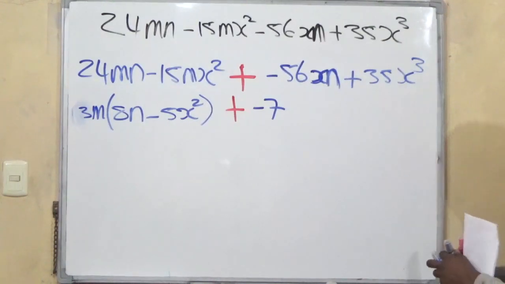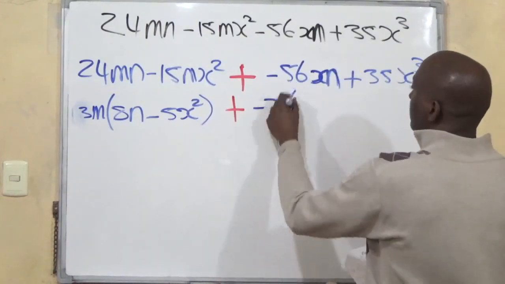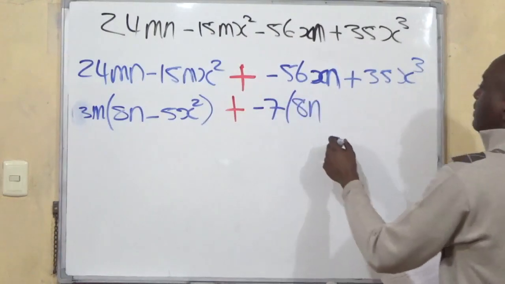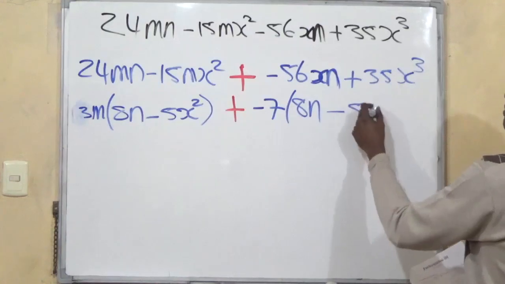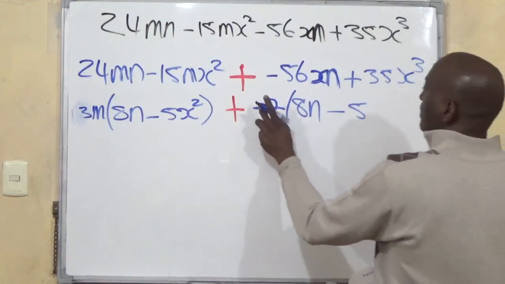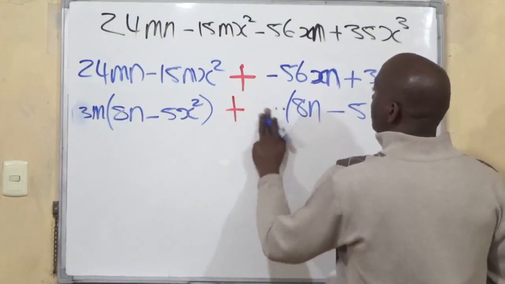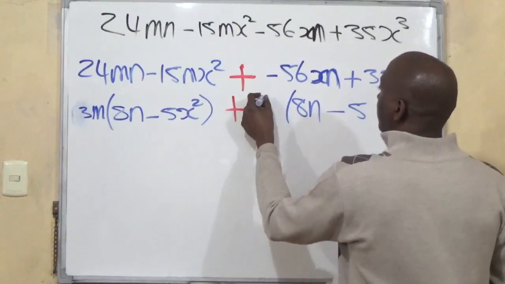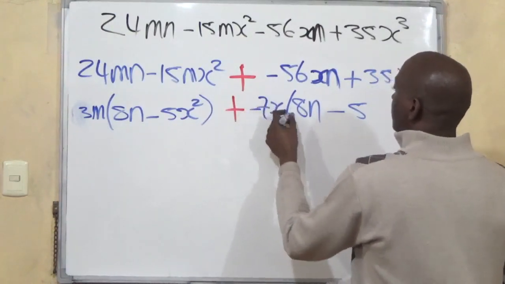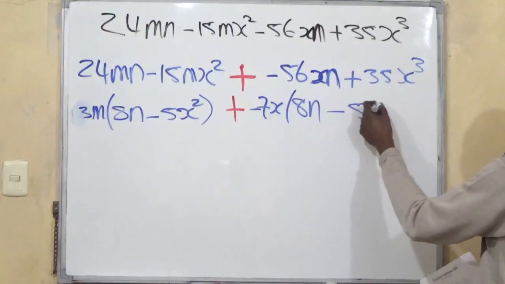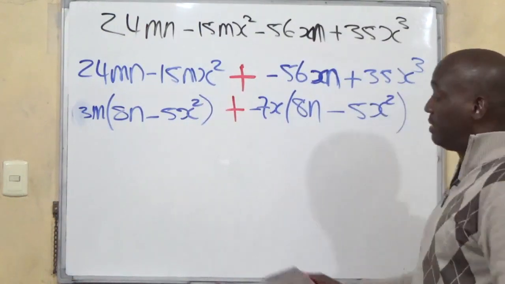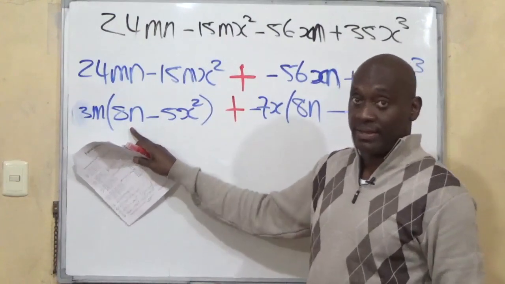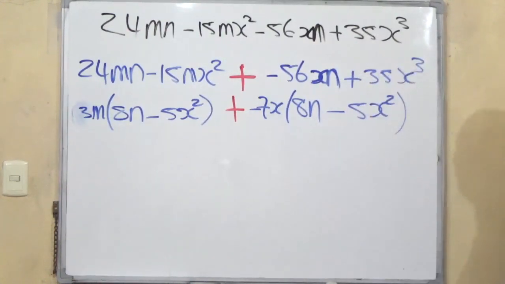This will be minus 7x, sorry, my mistake. Minus 7x. See how carefully I had to be here? Minus 7x into 8n minus 5x squared. See? 8n minus 5x squared here, 8n minus 5x squared here.